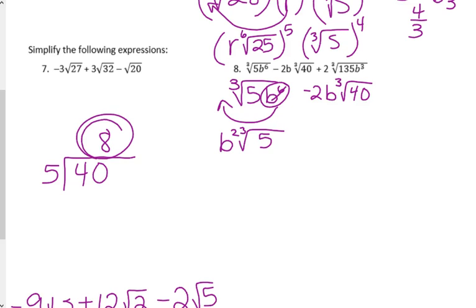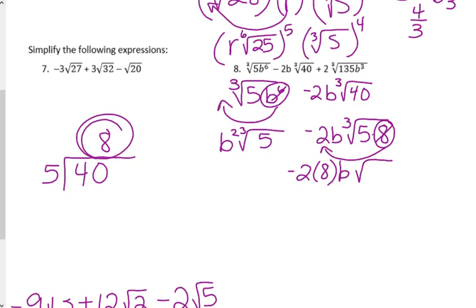So we're going to have negative 2b times the cube root of 5 times 8. And since 8 is a cube, we're going to pull it out. We're going to have negative 2 times 8 times b times the cube root of 5. Negative 2 times 8 is negative 16. So negative 16b times the cube root of 5.